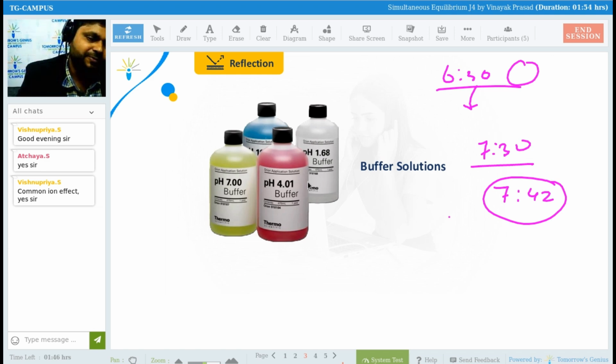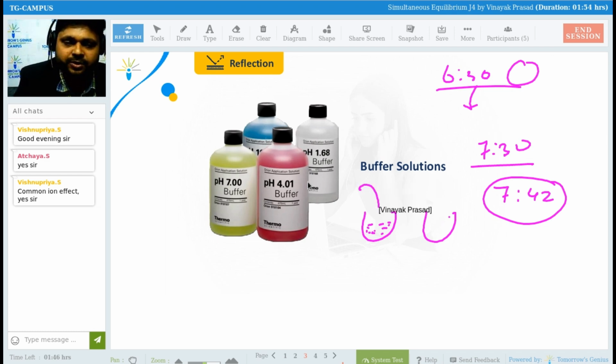Let's suppose we have water, which is a neutral solution. And you add some ml of HCl into this water. So this water will be acidic in nature, yes or no? The pH of this water will decrease. What do you say, guys?